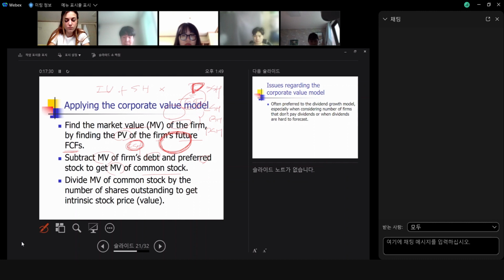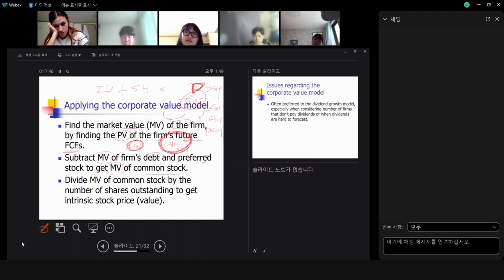The stakeholders of this value are three entities: common stockholders, bondholders, and preferred stockholders.